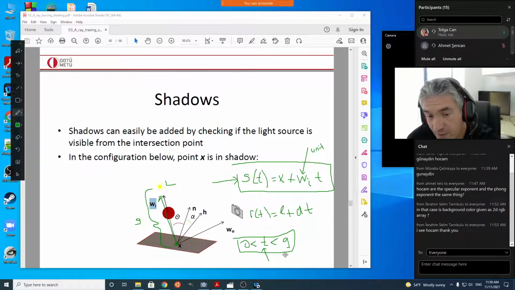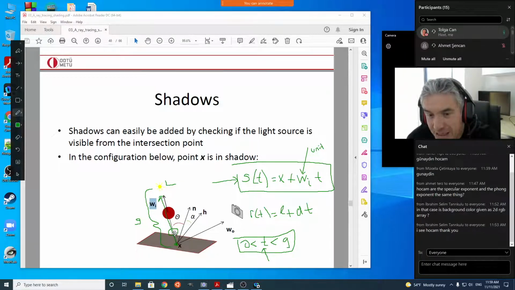At this point, if you find such an object which satisfies t between 0 and G, you can actually break out of your for loop of looking at all the other objects. For example, if you find this red sphere that is in between the light source and x, do you need to go ahead and see whether there are other objects that are closer to us? No, right?